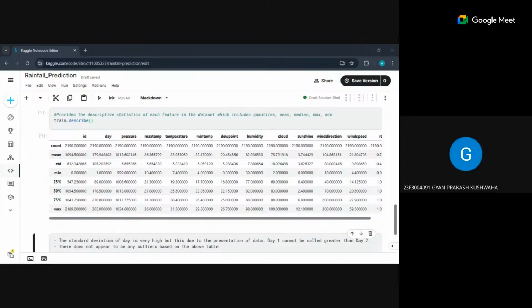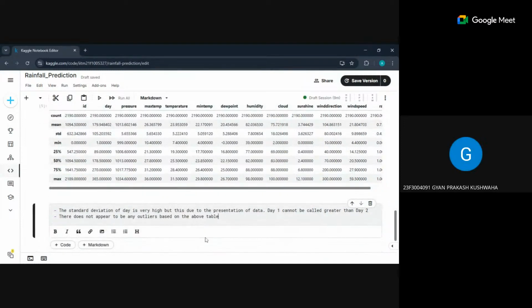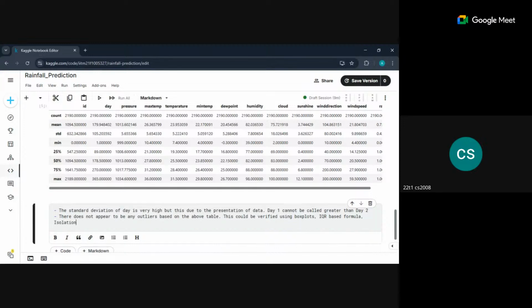Box plots and techniques like the five number summary and IQR. So this could be verified using box plots, the IQR-based formula, and also something called isolation forest, which you can look up. Any other points that you will see? Anything about the scale?